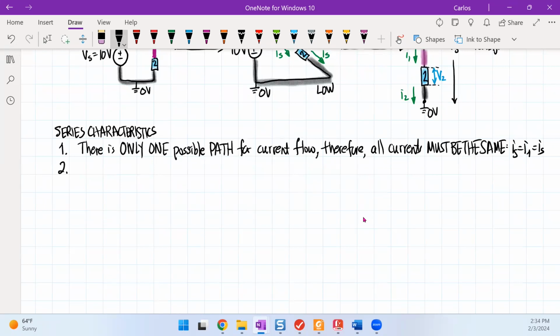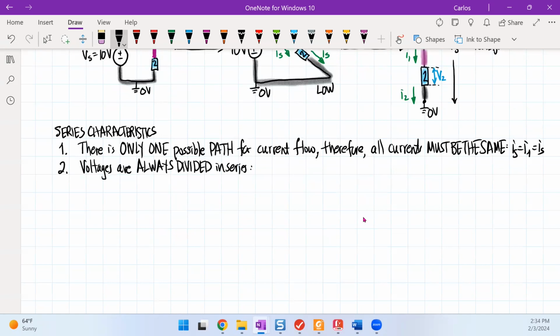Two, voltages are always divided because wires don't have voltage drops. So voltages are always divided in series.